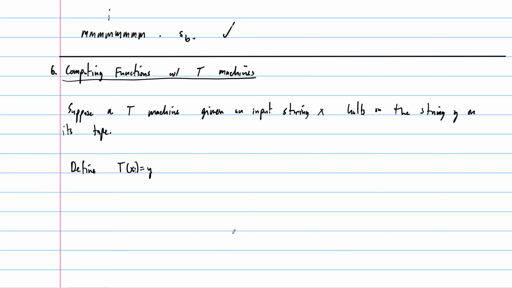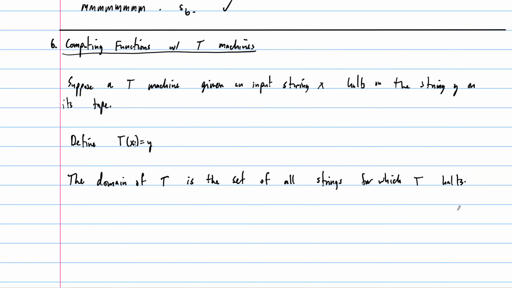Or at least a partial function, right? Because it might not stop, it might not halt at all, but we can fix that by doing the following. So the domain of T, we can define the domain to just be the set of all strings for which T eventually halts.